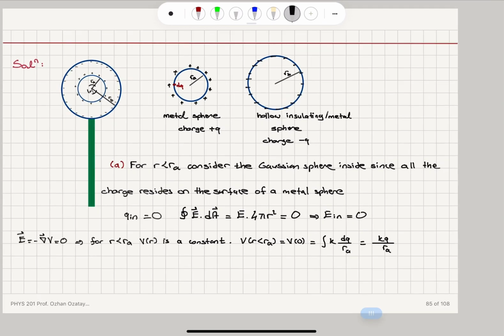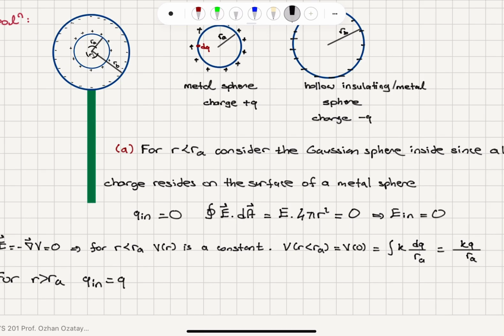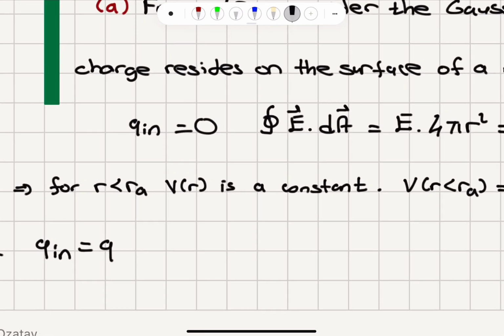On the other hand, for r greater than r sub a, the charge enclosed will be equal to q. So if I write Gauss's law again, the closed surface integral of E dot dA is E times 4 pi r squared.